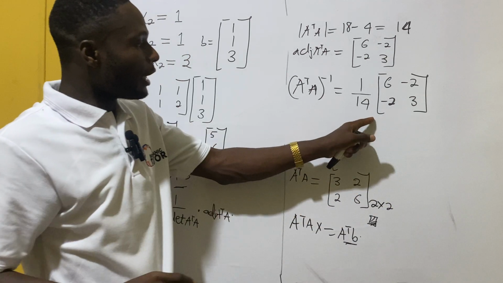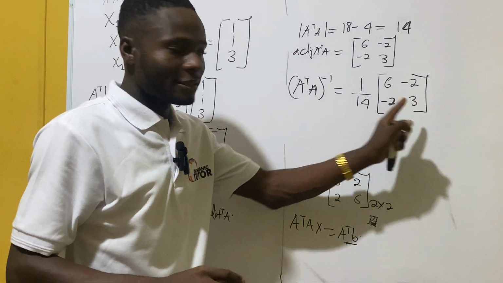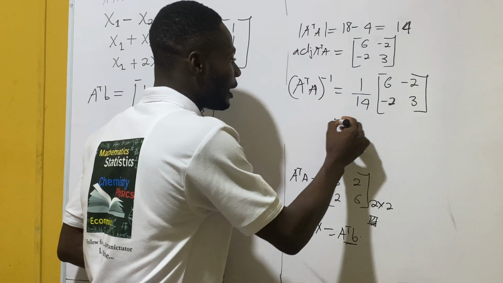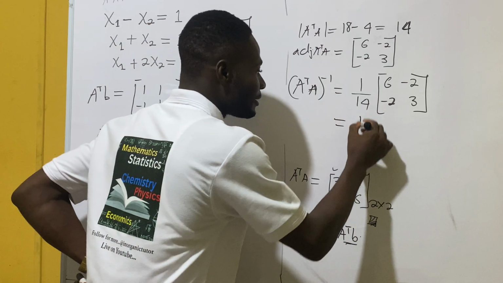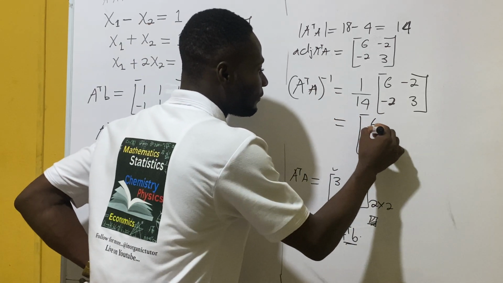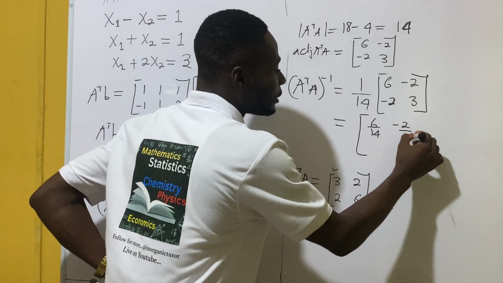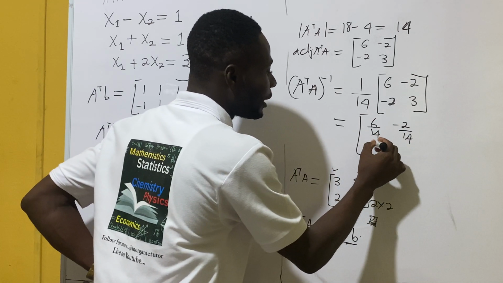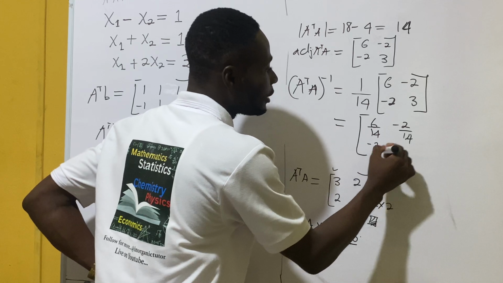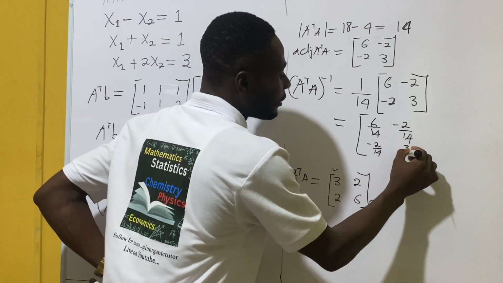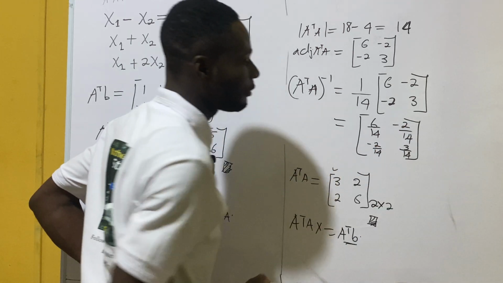So here we expand this. When you expand this, you're going to have 6 over 14, then minus 2 over 14, then minus 2 over 14, and 3 over 14, right?